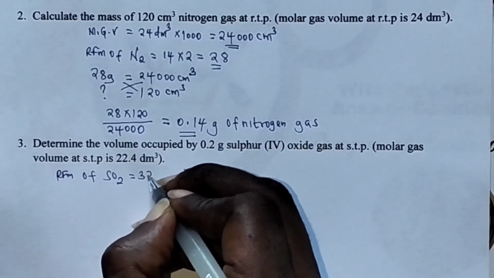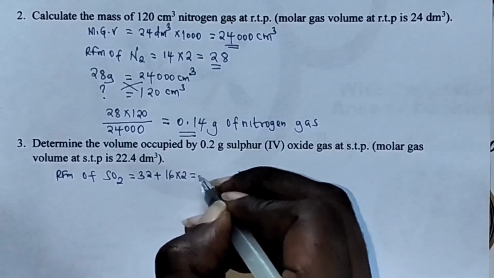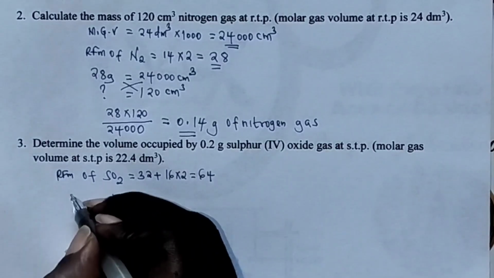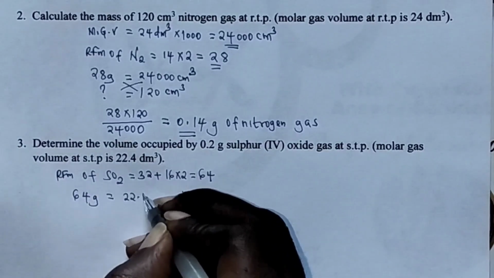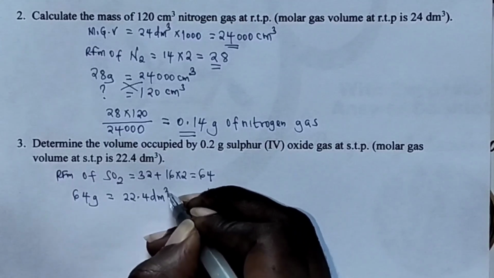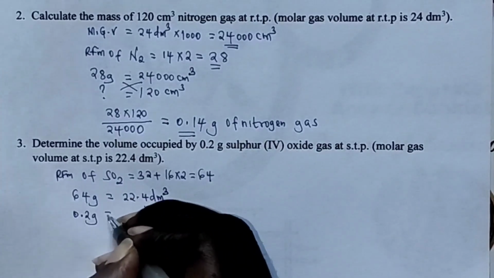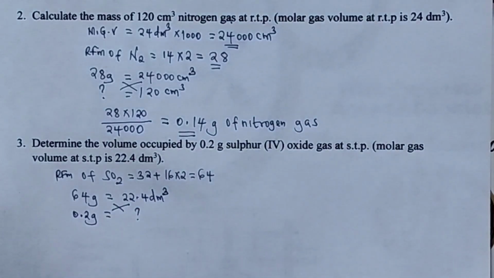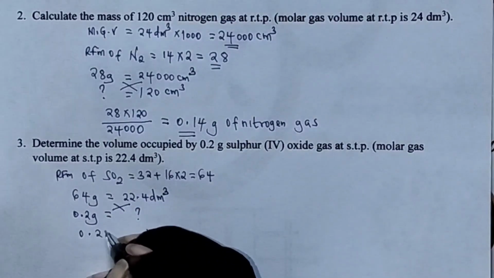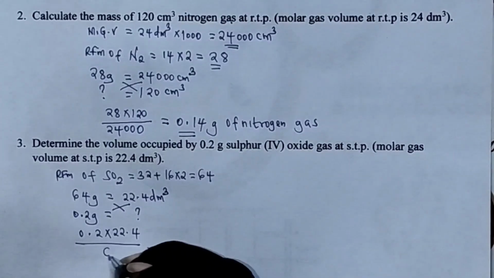Sulfur has a relative atomic mass of 32, plus 16 times 2. That's 64. So if 64 grams can produce 22.4 decimeter cube, what about 0.2 grams of sulfur peroxide? What volume can it produce? So we are going to say 0.2 multiplied by 22.4 decimeter cube divided by 64.